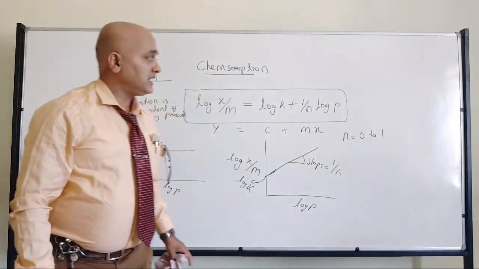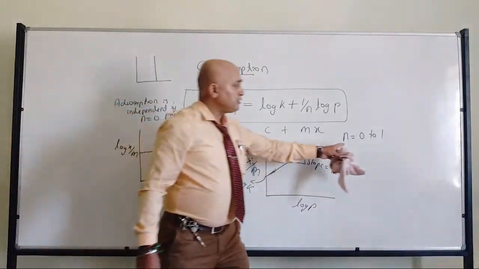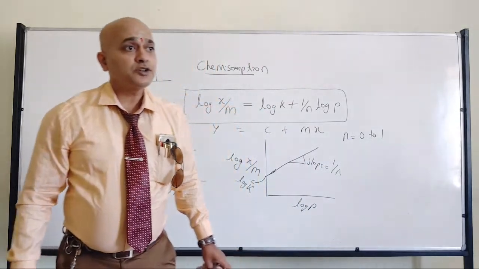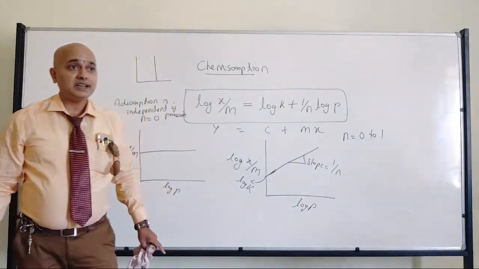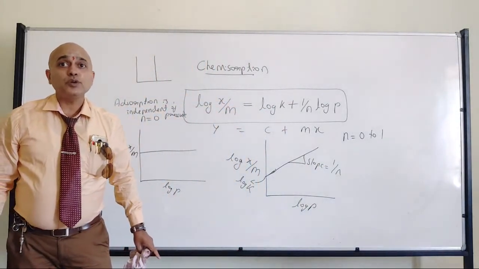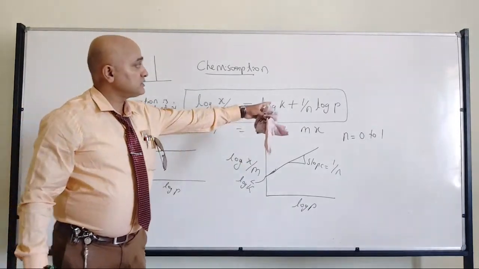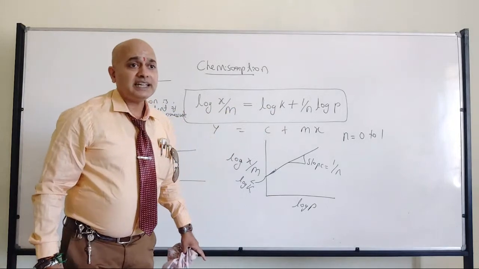Now my question here is, because n value can be 0 to 1, if n is equal to 1, that is 1 by n value is equal to 1, what does it indicate?